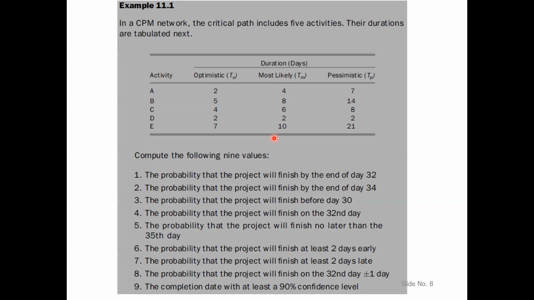However, it is not the case. The case is that the durations of the activities are not certain. Although activity A can most likely finish in 4 days, there is a chance that the activity may finish much earlier, or there is also a chance that the activity may finish much later. So similarly for other activities as well.